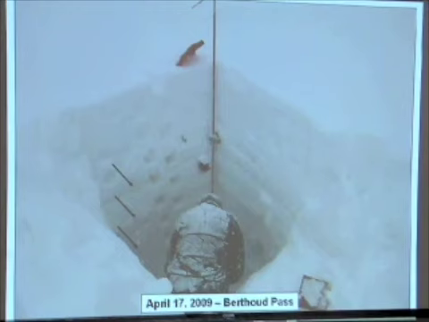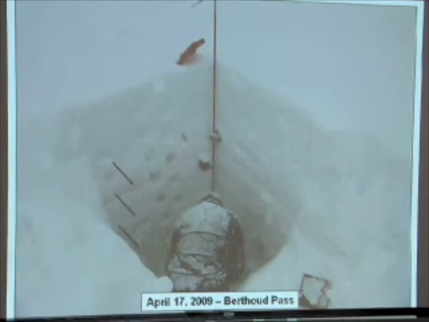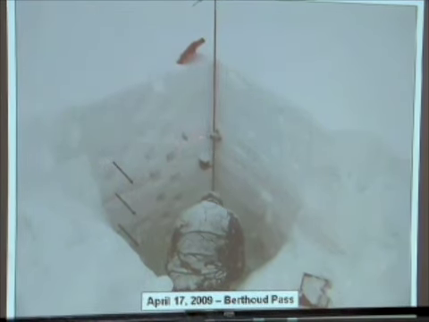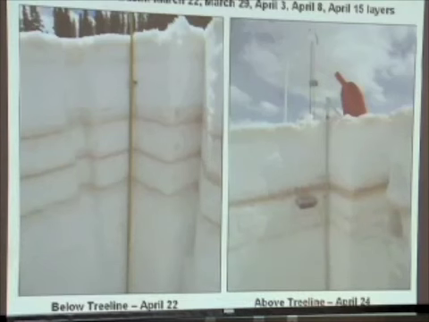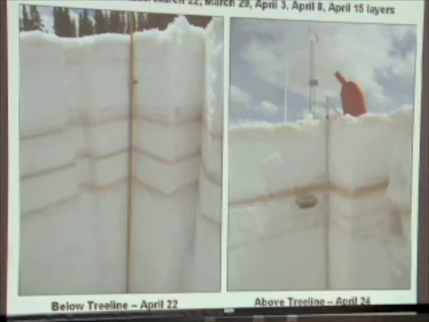Here we are the next day at Berthoud, during the big blizzard of April 2009, this is all new snow from here up that day. And then those same 3 major layers were present at Berthoud. And we went on to Willow Creek and Rabbit Ears, same 3 layers present everywhere we went, from north to south.